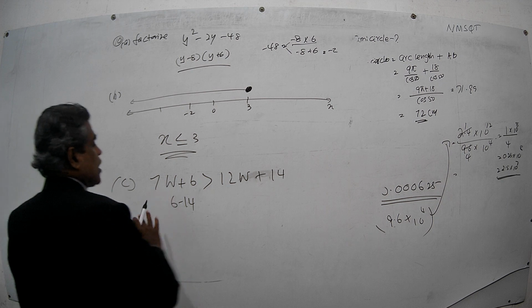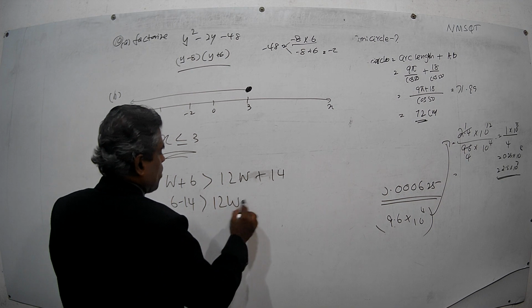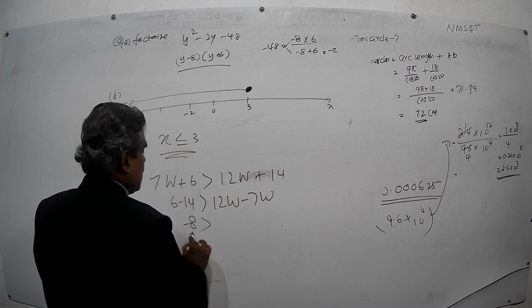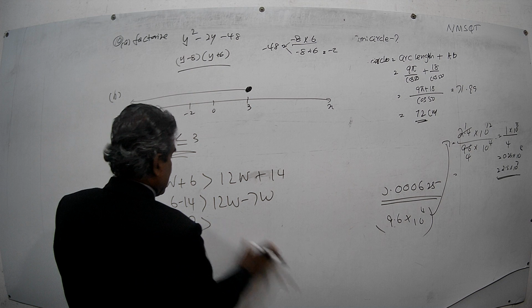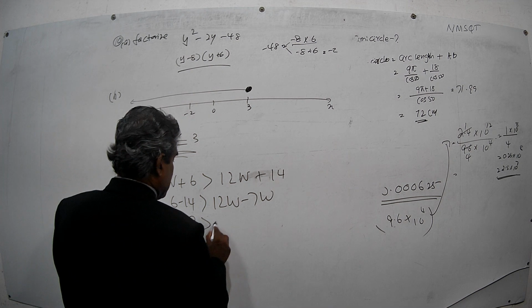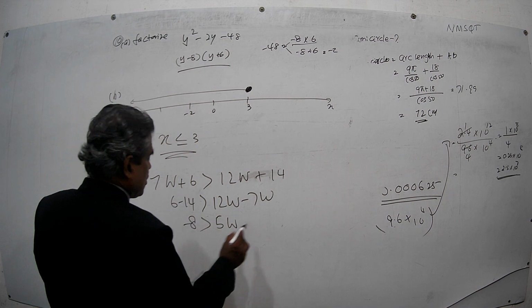When the 7W is taken to that side, it becomes negative 7W. Then 6 minus 14 is minus 8, greater than 12W minus 7W, which is 5W. To find the value of W, divide both sides by 5.